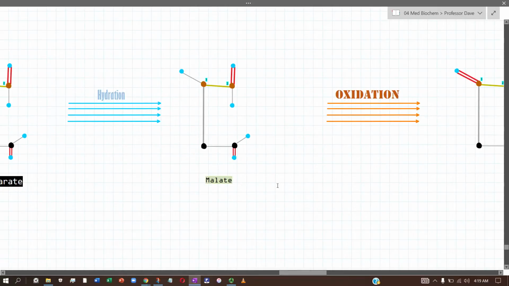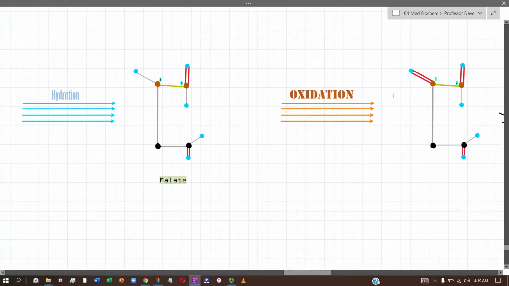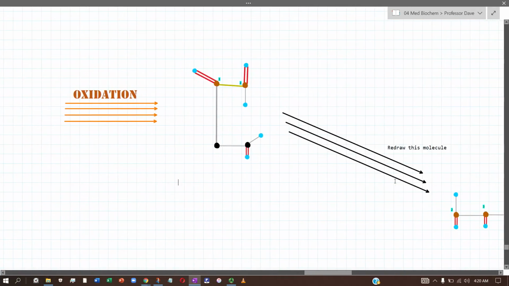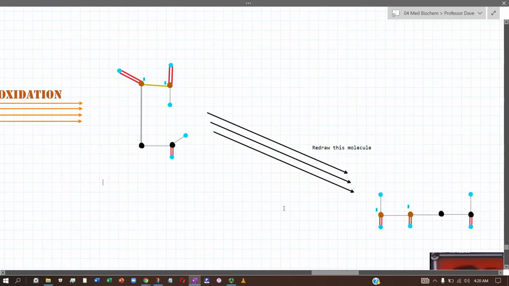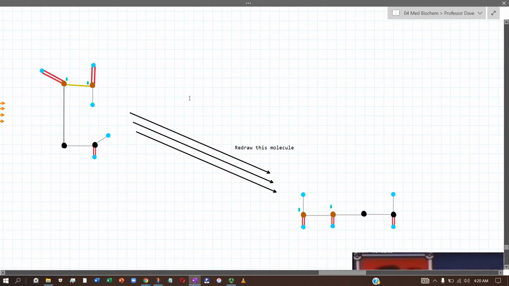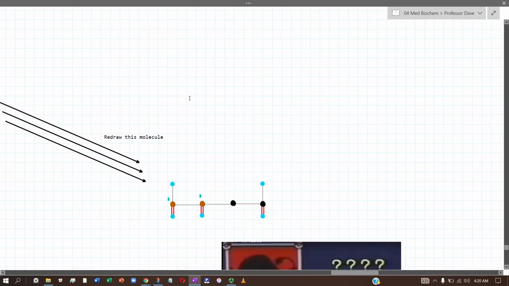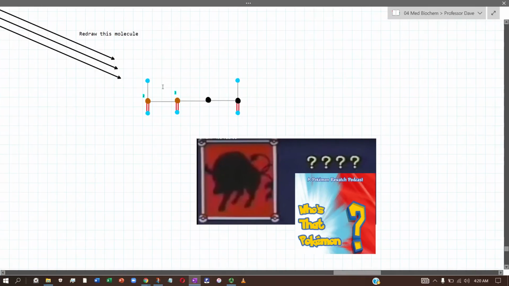And what happens next? Well, oxidation takes place. So this hydroxyl group becomes a carbonyl, and you get that. If we redraw this molecule in a linear manner, just take all of the same atoms and put them in a line, we can ask ourselves the question: who's that molecule?